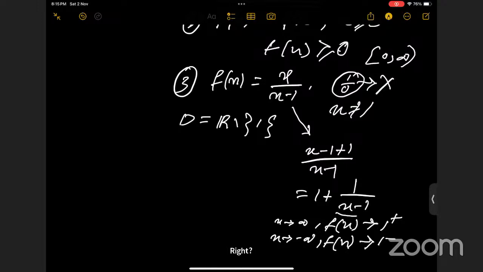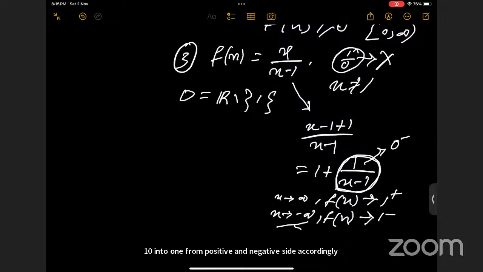Because if x tends to positive infinity, this portion will be tending to 0 from the positive side. And if x tends to minus infinity, then this portion will be tending to 0 from the negative side. So if we add 1, it will be tending to 1 from the positive and negative side accordingly.